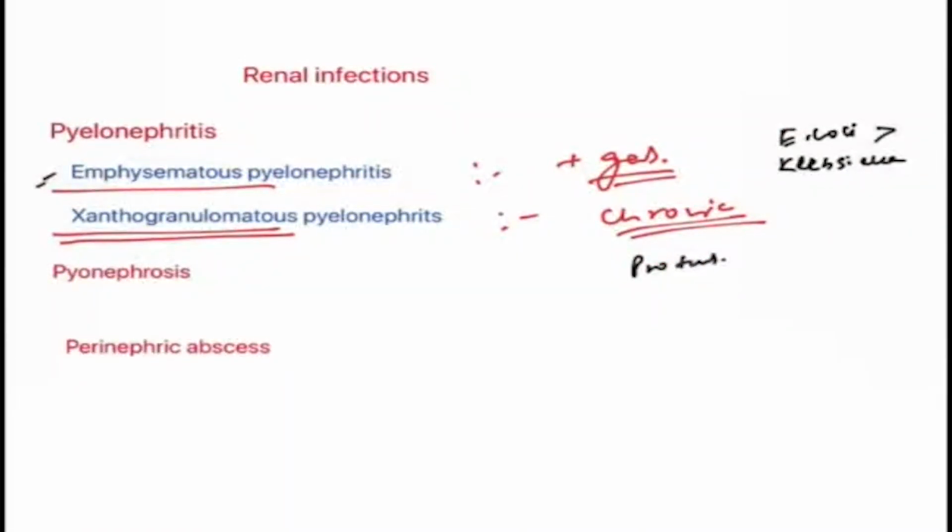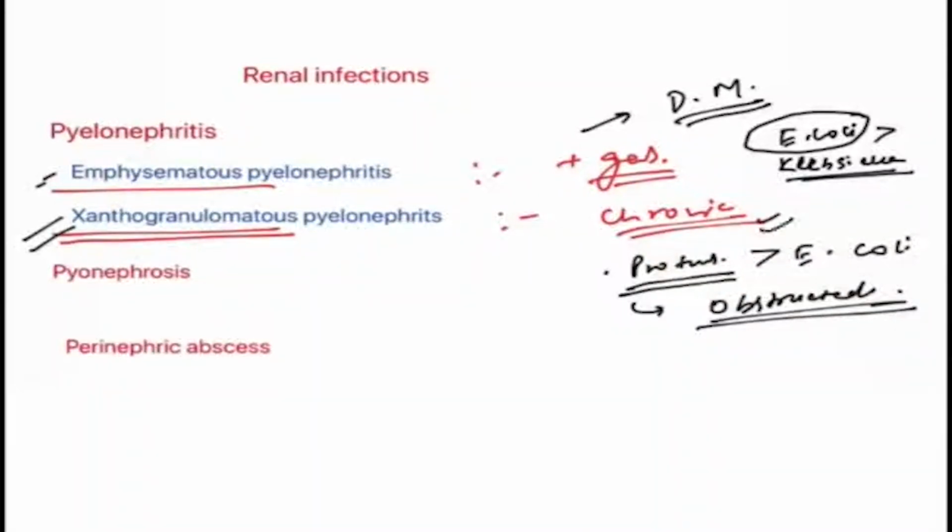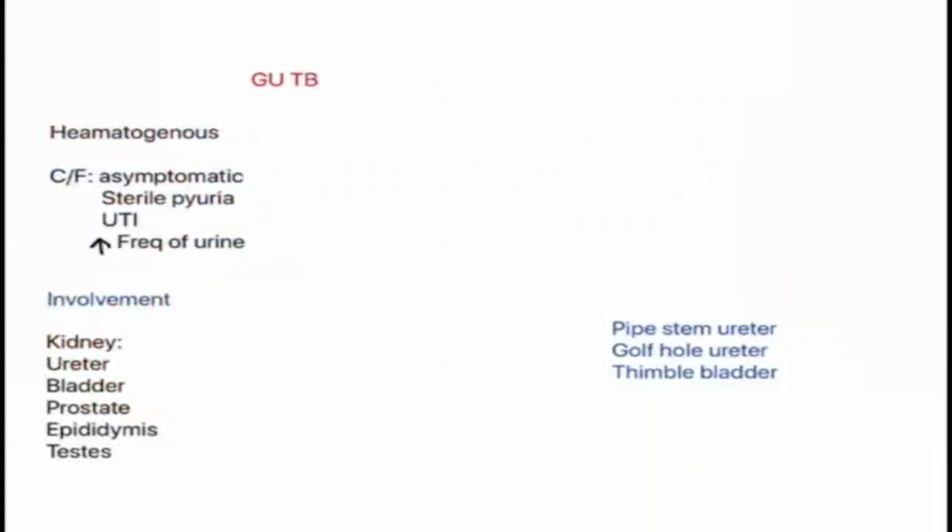The causative organism in emphysematous pyelonephritis is mostly E. coli, followed by Klebsiella, and these are most common in diabetic patients. Whereas in xanthogranulomatous pyelonephritis, the most common organisms are Proteus, followed by E. coli, and almost always there is an obstructed urinary system.